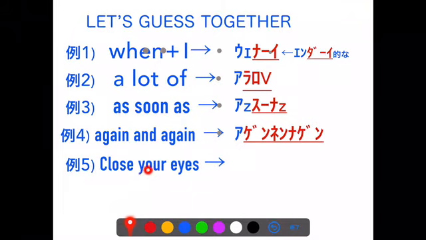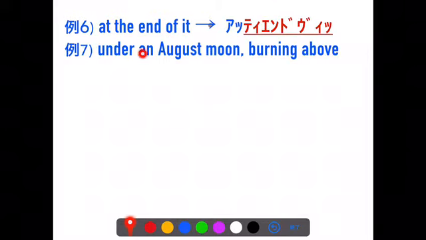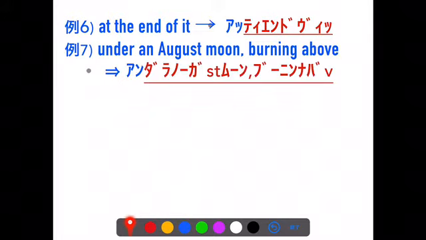Close your eyes. But before eyes, you got R. So, rise. Your eyes. Close your eyes. D before of dove. And F is V. Under an August moon burning above. Look, RAN is run. August, no August. Above. Under an August moon burning above.